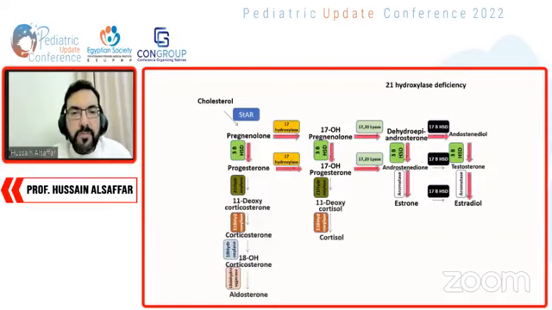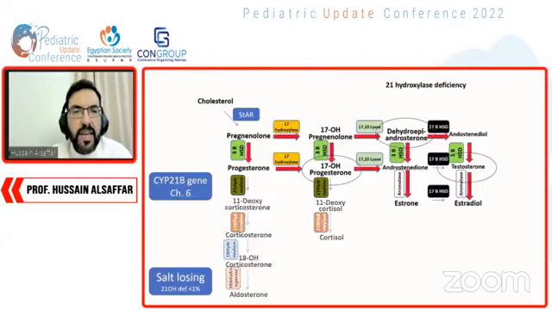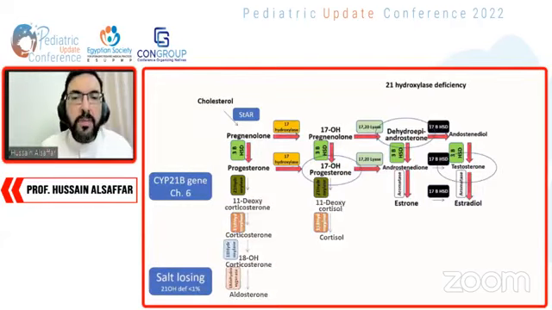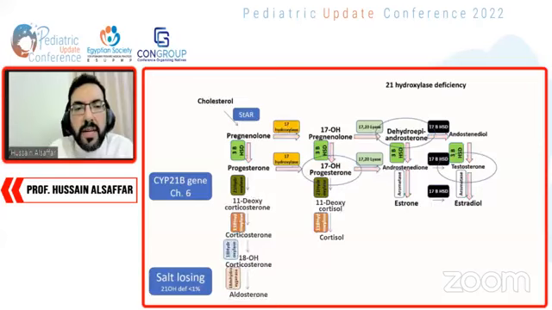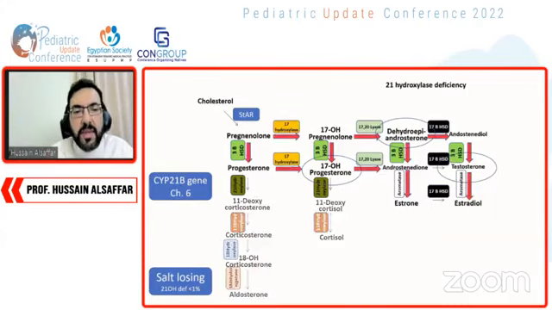Now, with 21-hydroxylase deficiency, as was explained earlier, you can see the sketch here to remind you about the pathways. The gene causing this is called the CYP21A2 gene, which is located on chromosome 6. The presentation of the patients can be classic or non-classic CAH. The classic CAH is the salt-losing one, when the 21-hydroxylase deficiency is almost complete, so there's not much left of this enzyme.